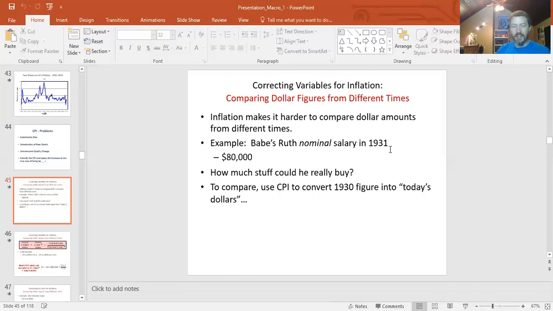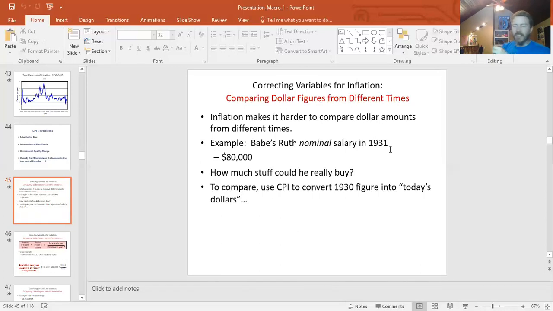Lunch would be so cheap in that simple sense. So for me to tell you that he earned $80,000 gives you no information, because you don't have a good feel for what prices were like in 1931.